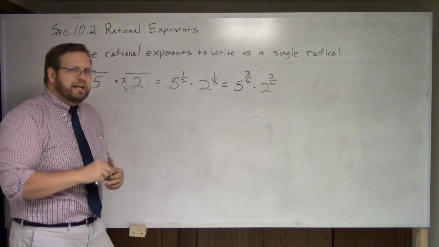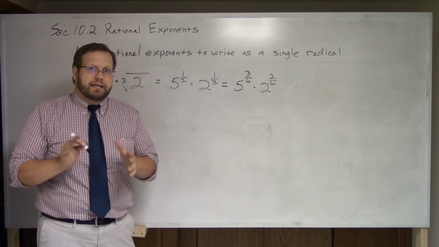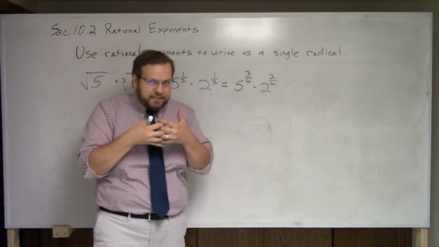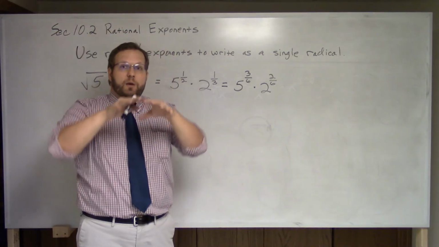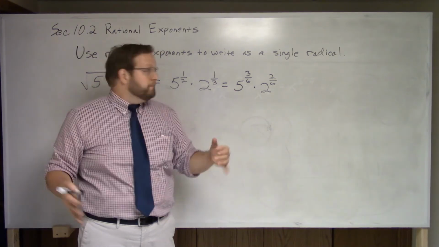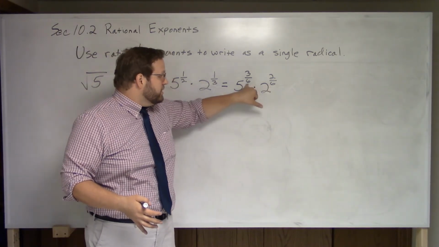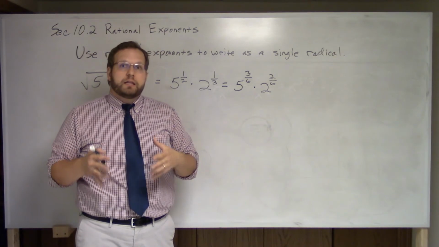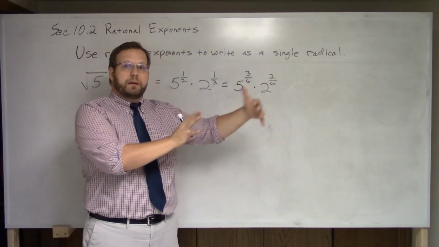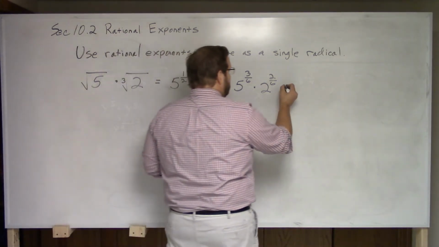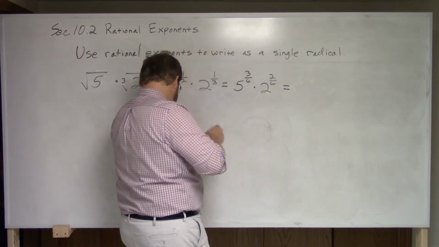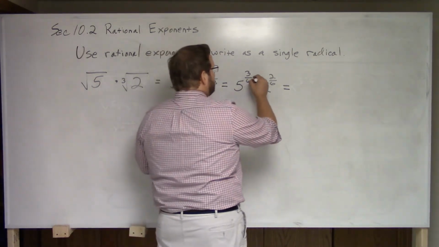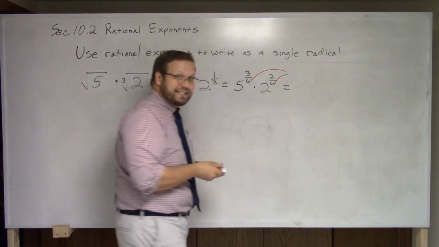Okay? Now, what does that do for us? Again, I'm not trying to get the bases together necessarily. I'm trying to get one big radical. These denominators match, therefore I can pull them out. So what I'm going to do is I'm going to essentially factor out those sixths.